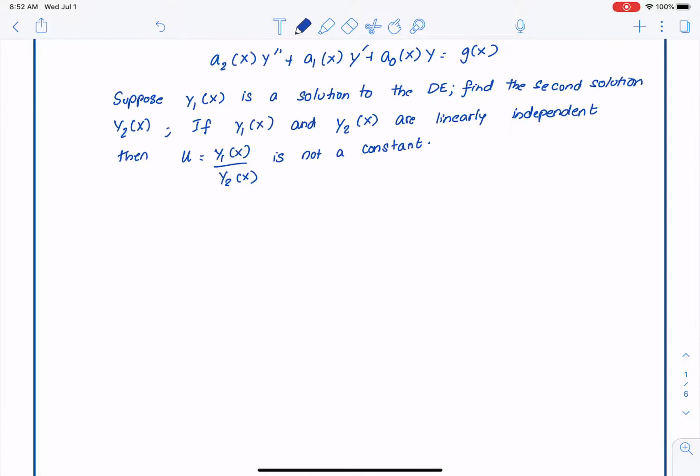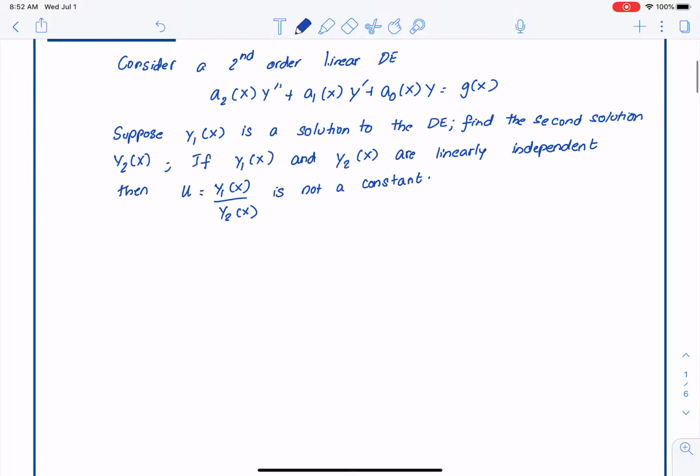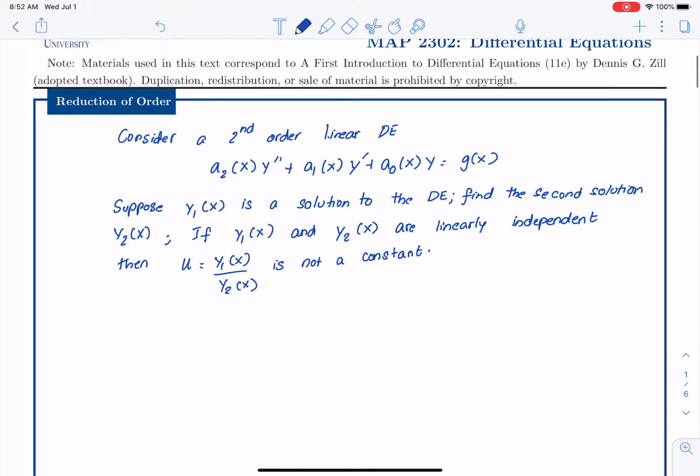Since we have that relationship, we could also write it as u equals y2 of x divided by y1 of x.